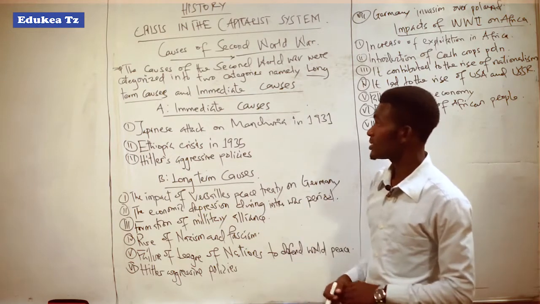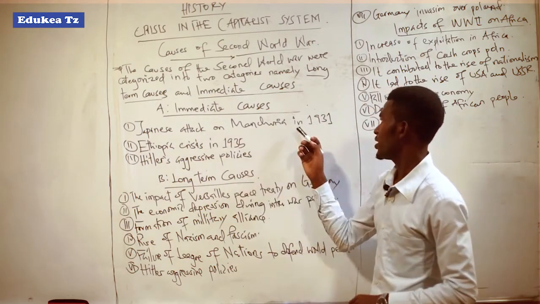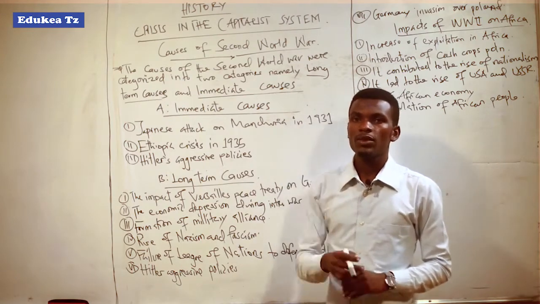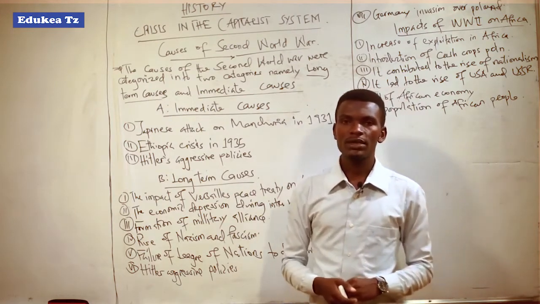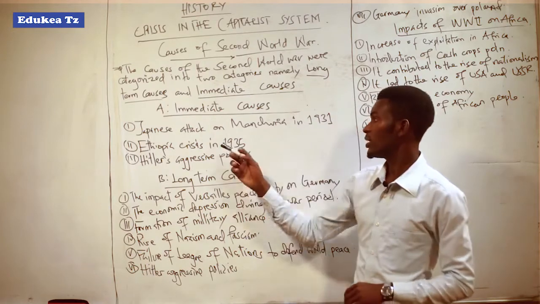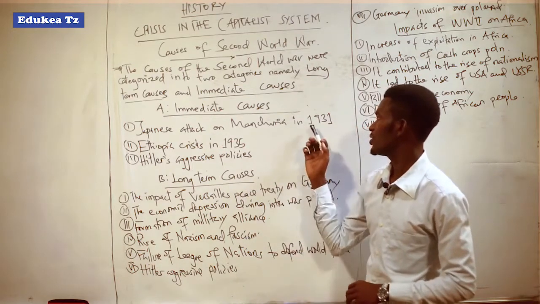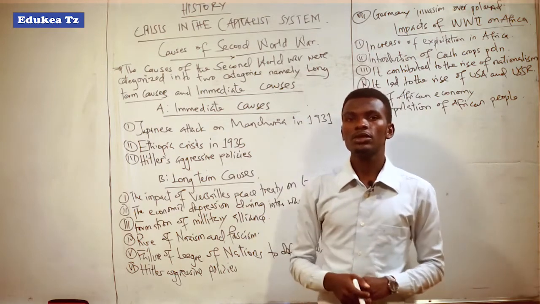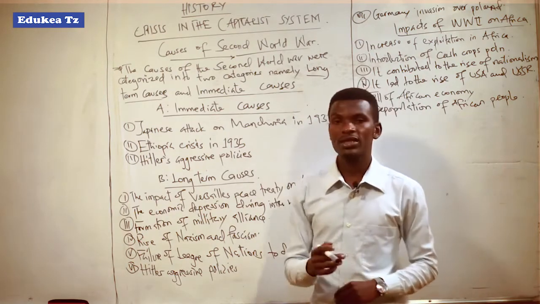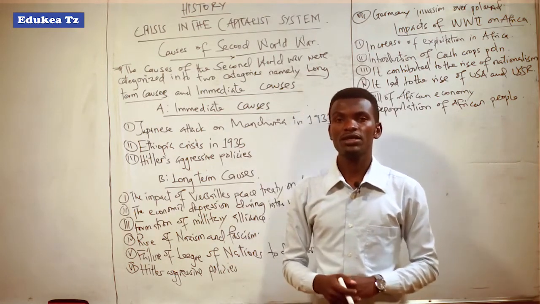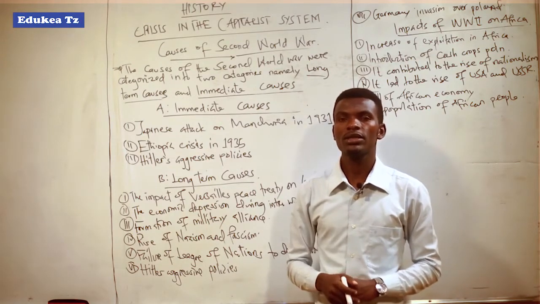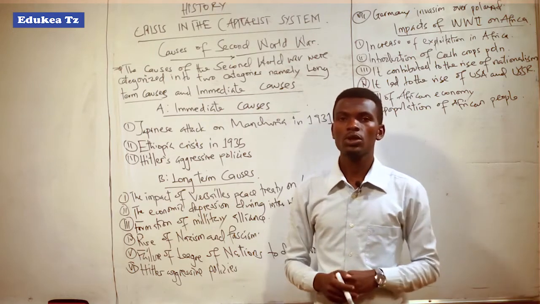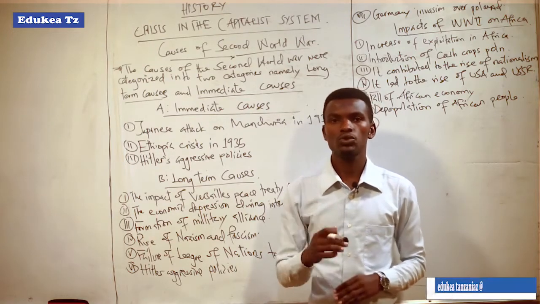The first one was the Japanese attack on Manchuria in 1931. It means that the outbreak of the Second World War was contributed to by the Japanese attack on Manchuria in 1931, whereby Japan invaded part of China and created a new state which was named Manchukuo.